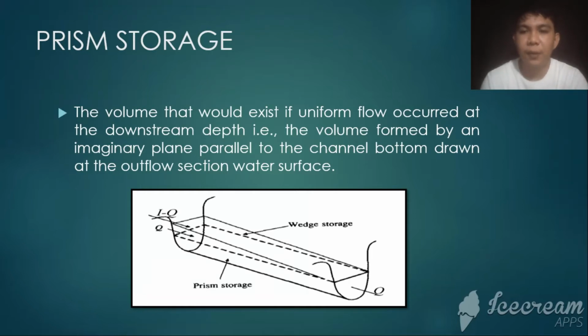The volume is formed by an imaginary plane parallel to the channel bottom drawn at the outflow section water surface. So we can see at the bottom is the prism storage, and at the top is the wedge storage. So storage is divided into two. Also we have the inflow minus Q and the Q at the bottom side.